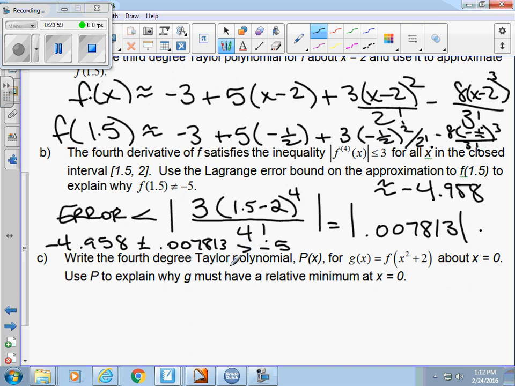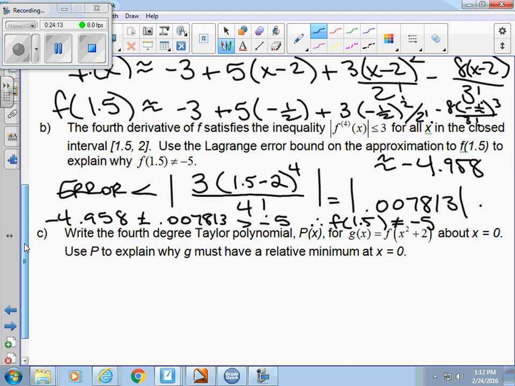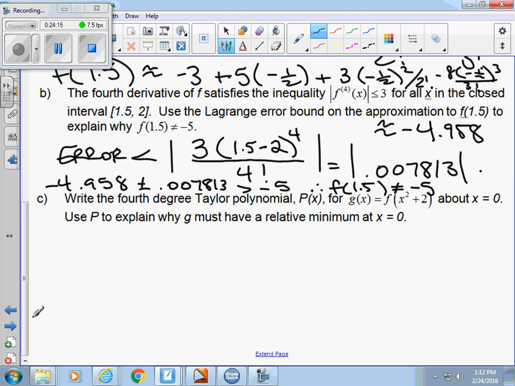Everyone agree with that? Therefore, f of 1.5 cannot equal negative 5 because the error on this Taylor approximation is less than 0.008.